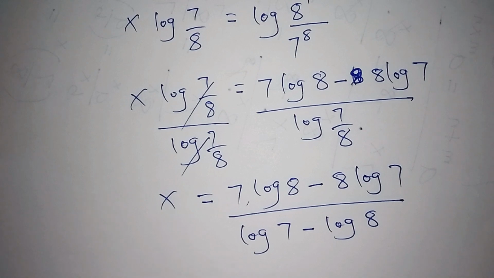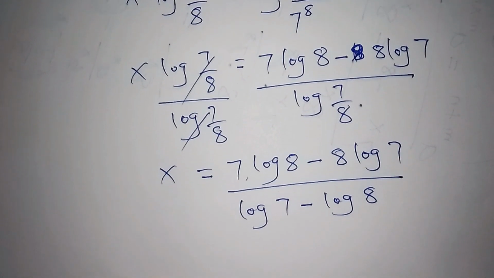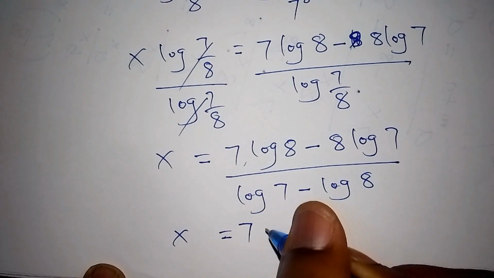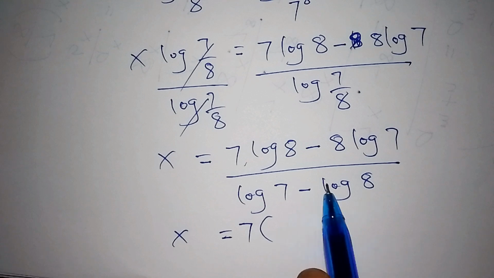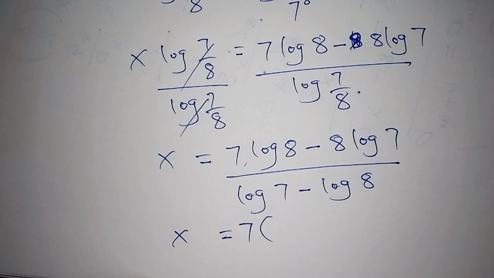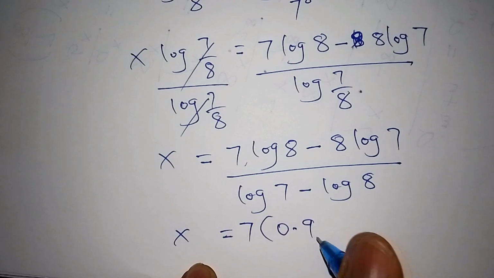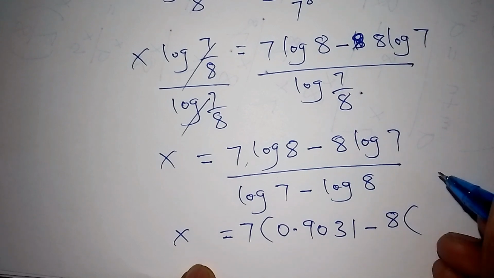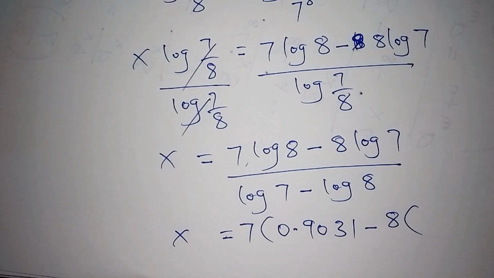Let's now proceed and use our calculator to work these out. Now x equals 7 into brackets. Use your calculator to get log 8, rounding off to 4 decimal places, we shall have 0.9031, then minus 8 into, using our calculator to calculate log 7, we shall have 0.8451.